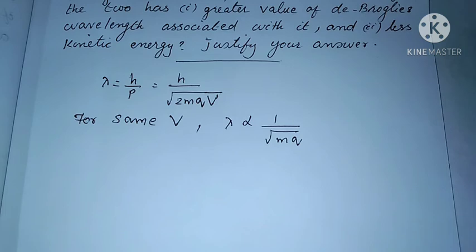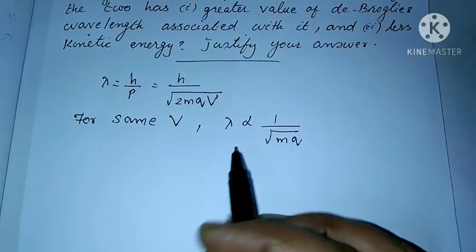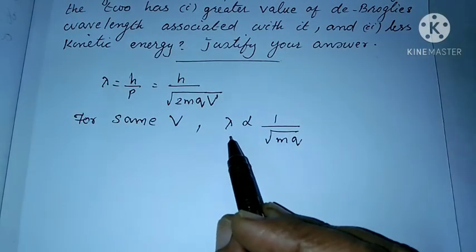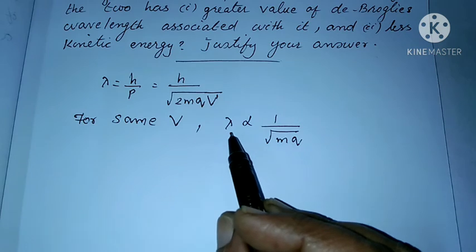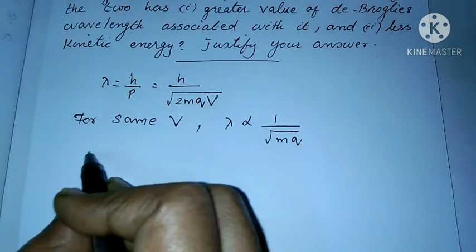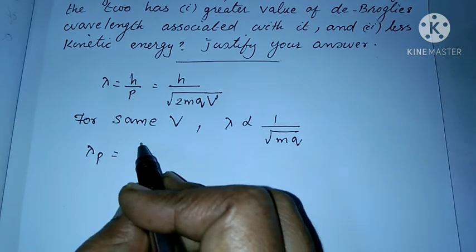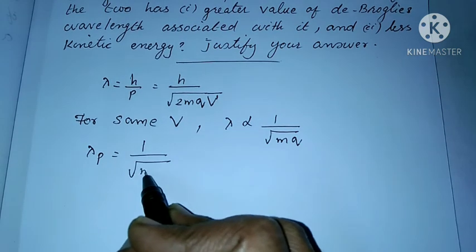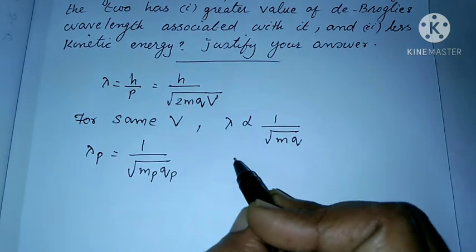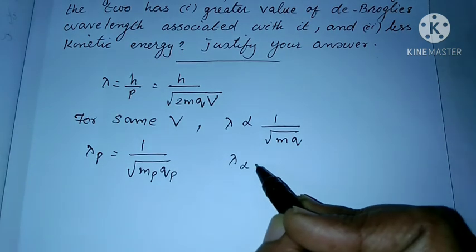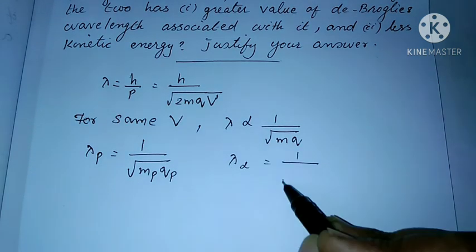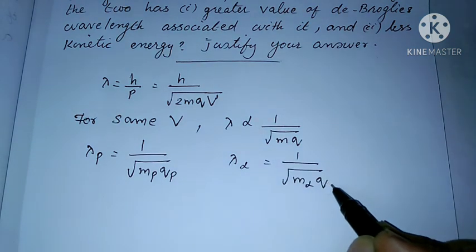Clear? m is the mass and q is the charge of the proton and alpha particle. So for the proton we can write lambda p proportional to 1 by root of mp qp. Similarly, lambda for the alpha particle is proportional to 1 divided by root of m alpha q alpha.